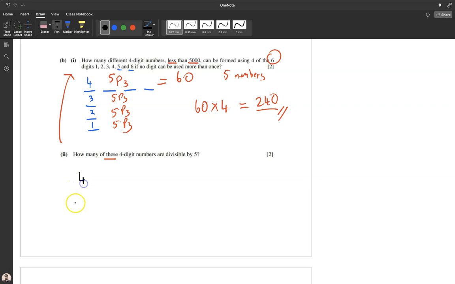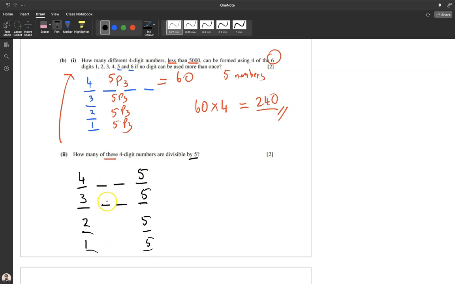In the first possibility earlier, I had 4. If I want to make it divisible by 5, my final number must always be 5, or 0. But since I don't have a 0, I just have a 5. The other situations are the same. I can have a 3 and a 5, 2 and 5, finally 1 and 5.